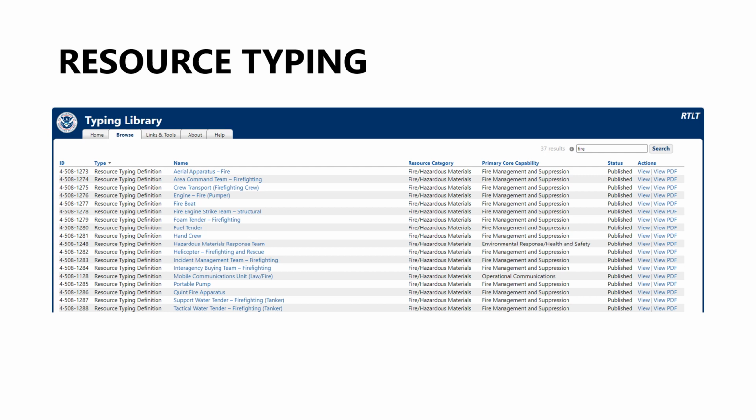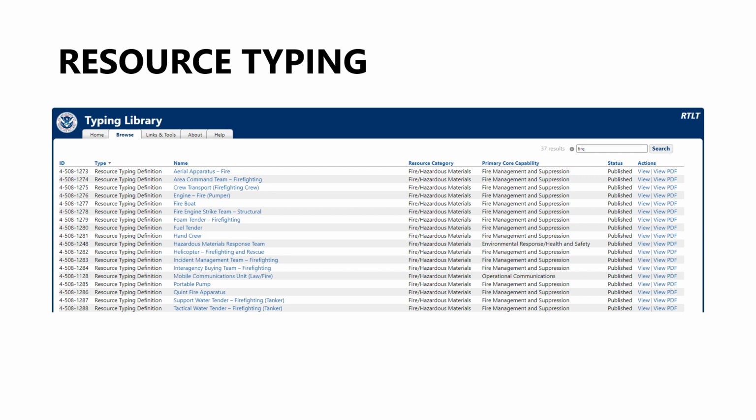Resource typing is a way for us to standardize the language when we're requesting equipment and managing resources during an incident. The National Incident Management System approves a method by which we characterize those assets and provide them to mutual aid partners during an emergency.